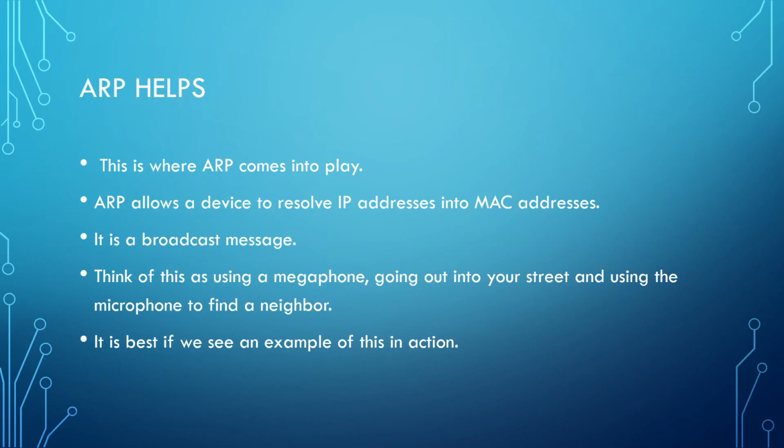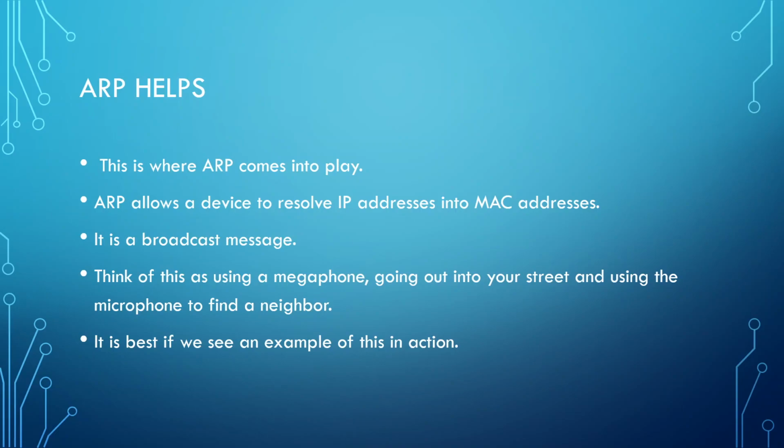ARP relies on the broadcast message to be able to resolve IPs into MACs. The analogy we're going to use to explain this: Bob and Brad are friends. Bob moved to the US, and Brad was still in the UK. Bob has returned from the US and moved into the same street that Brad lives in. Brad doesn't know which house Bob has moved into.